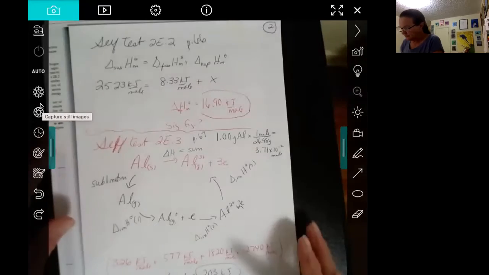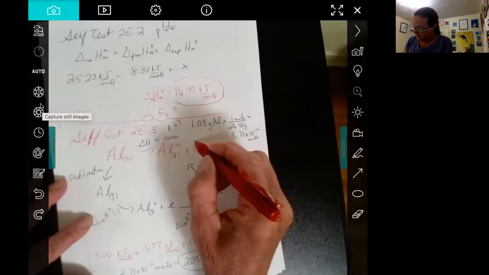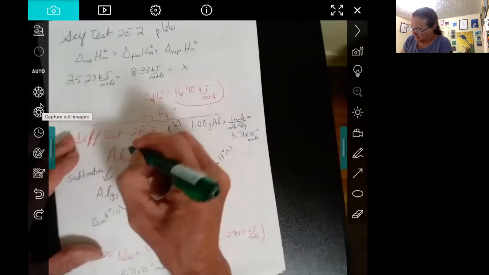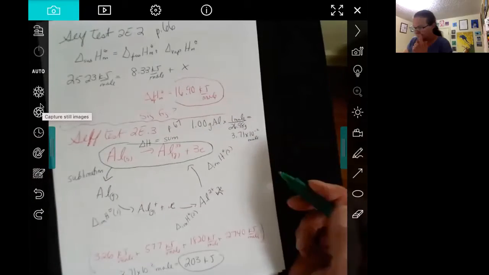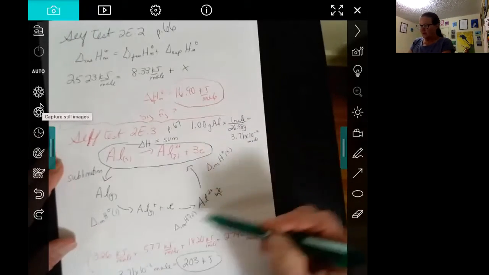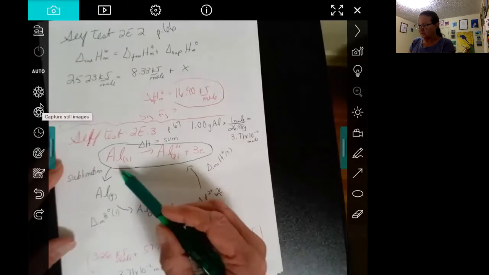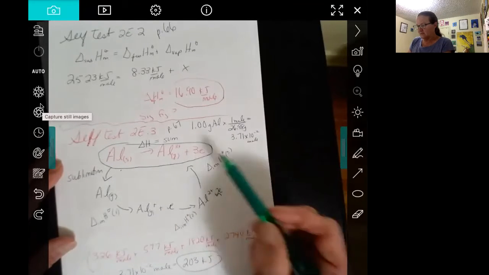So we want to determine the delta H for this step. And we have other enthalpies for other steps that would get us to the same place, from solid aluminum to gaseous ions plus 3 electrons.